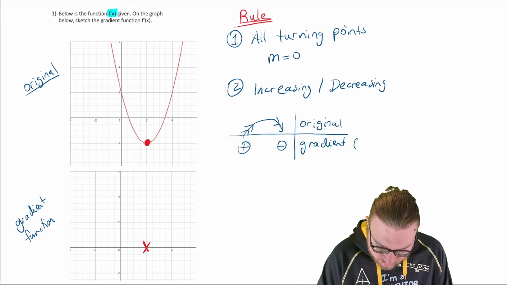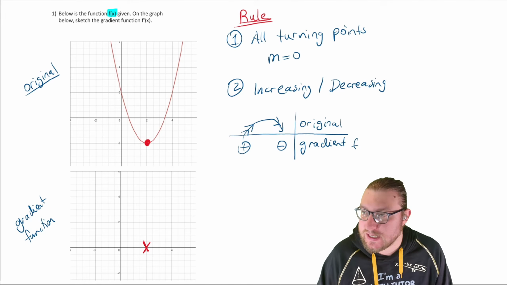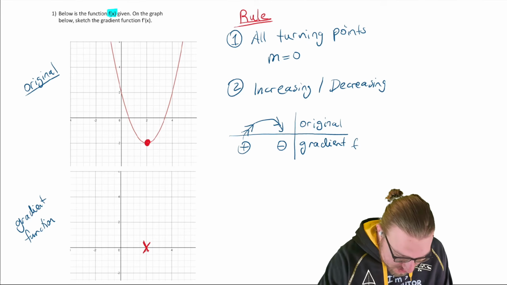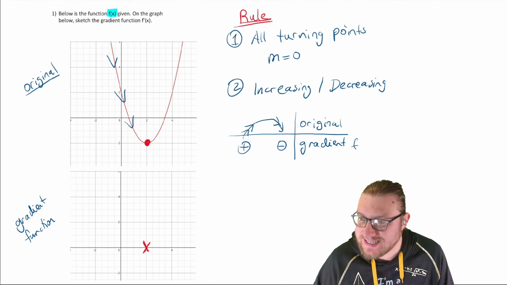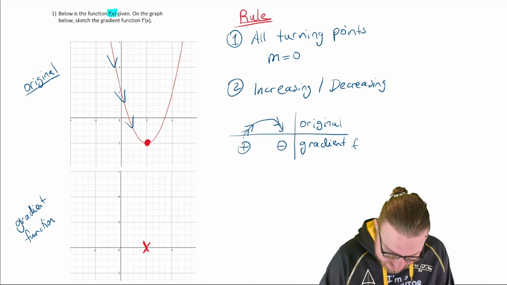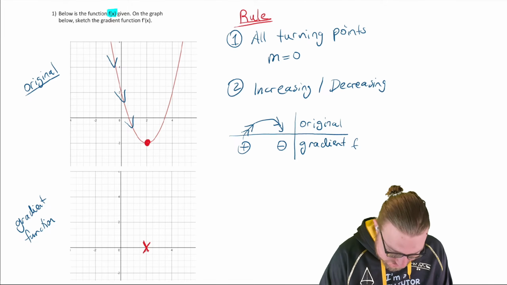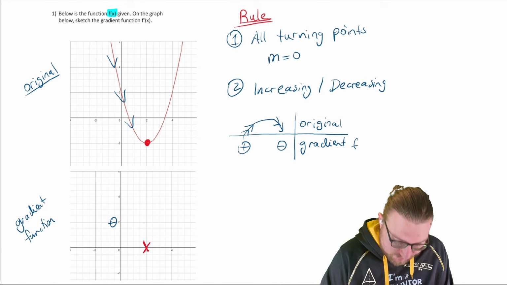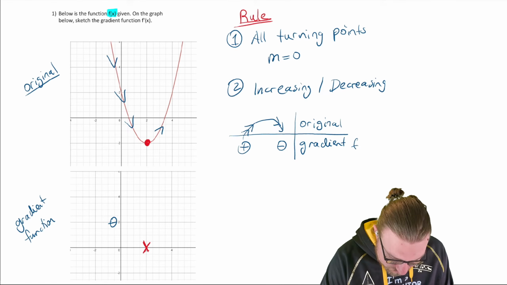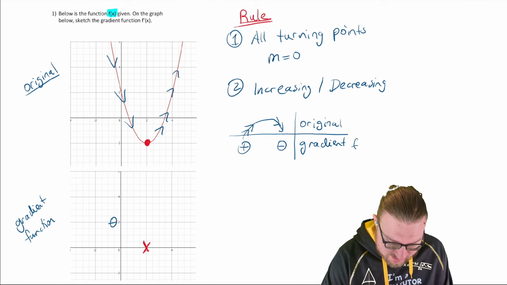So, once we understand this, we can easily draw these. So here I can see before the turning point, we are going to be decreasing. That means decreasing is minus, so on our gradient function, we're going to have a negative. After the turning point, we're going to be increasing.